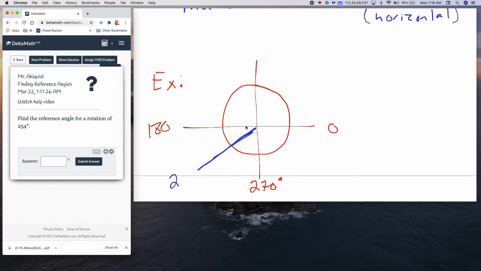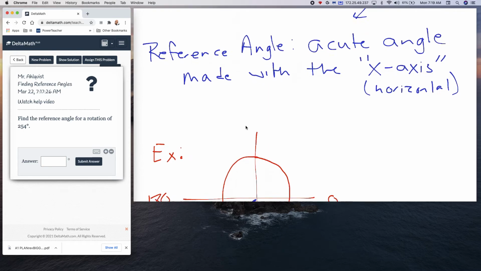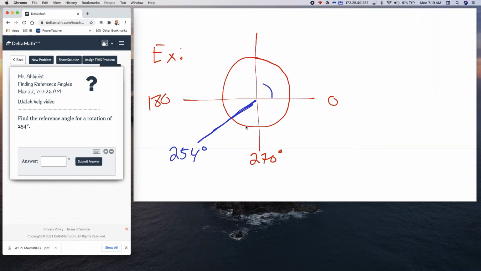So this is going to be 254 degrees, something like that. It might be closer to 270, but you get the idea. Now, the reference angle is the acute angle made with the x-axis. This is 254 degrees, but the reference angle is this one right here. That angle right there is what we call the reference angle.